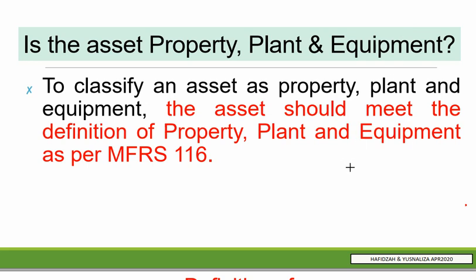Before this, you looked at the item to be identified as an asset, knowing the definition of an asset. After the item has been identified as an asset, now you have to classify what kind of asset it will be. In this topic, we are going to look at property, plant, and equipment. If the asset meets the definition of PPE, then it can be classified as an item of PPE.